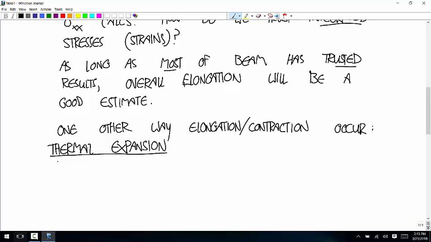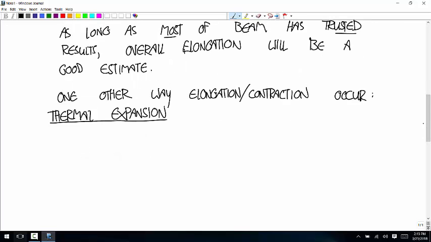If you did, you didn't spend a lot of time on it. It's not a very complicated idea. But basically, the strain due to temperature change is equal to a coefficient of thermal expansion times the change in temperature. This is a value you can look up for different materials.